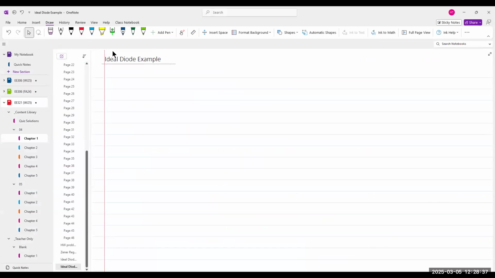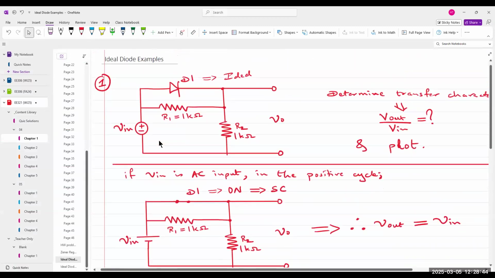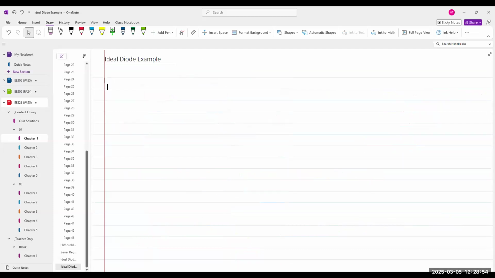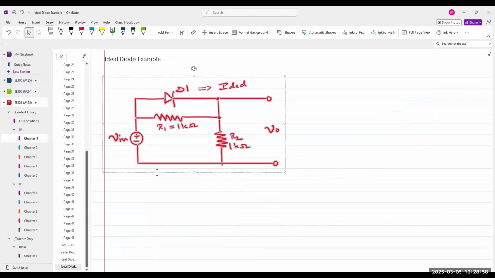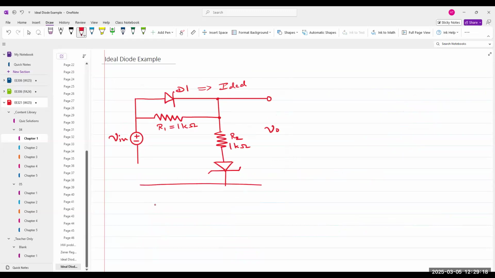Okay, this time, let's make things interesting and add a Zener diode. So now we have that, V out is still there, and V in.